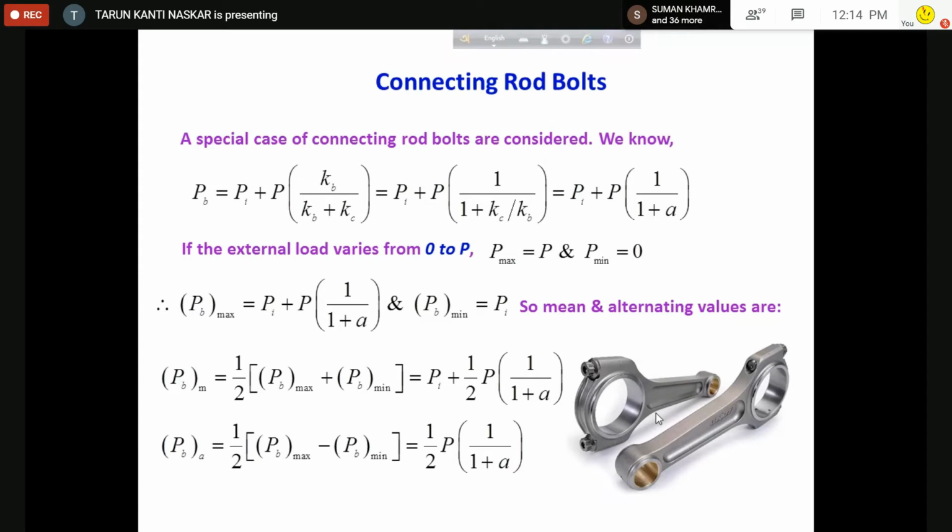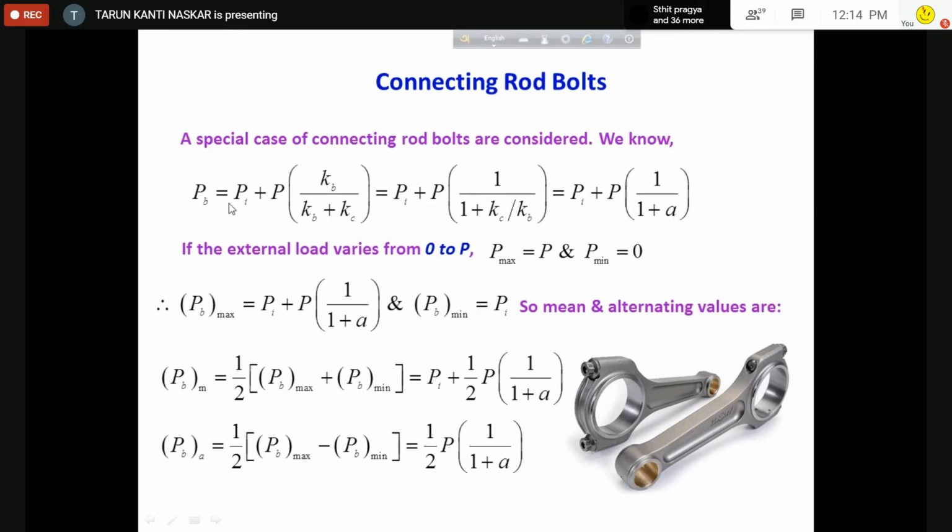So this special case is considered here, how we can avoid fatigue load, even though there is fatigue load, and design it against static load. Now it is a special case. So PB is this, that is Pi plus P equal to this thing, and ultimately this Kc by Kb is replaced by a factor A.